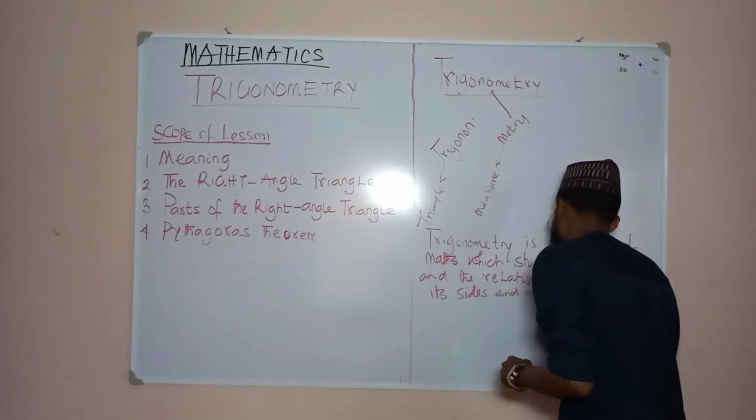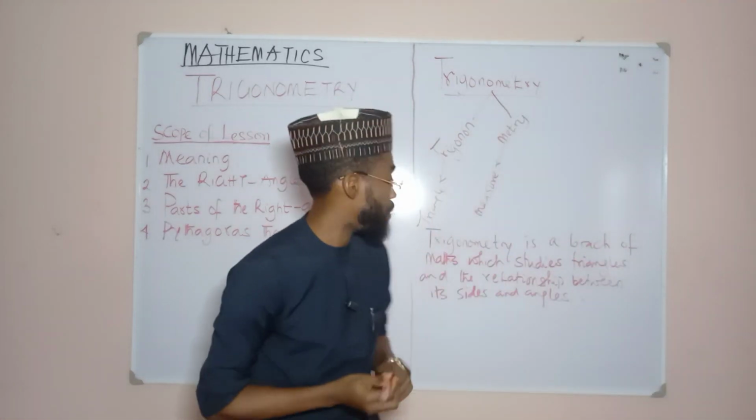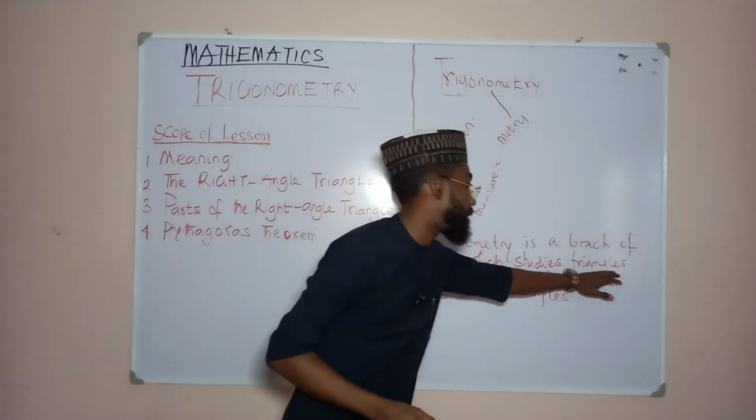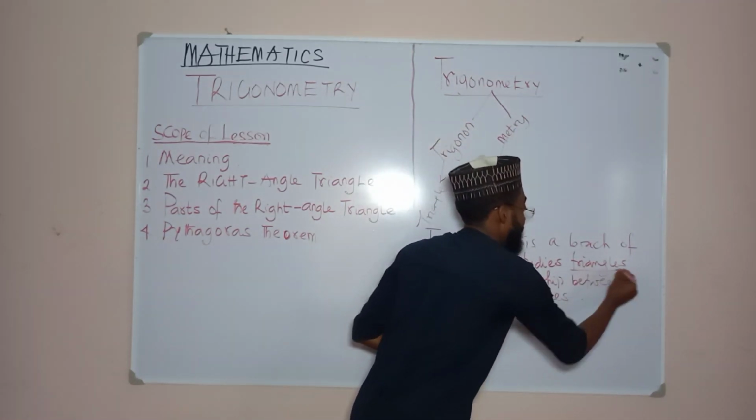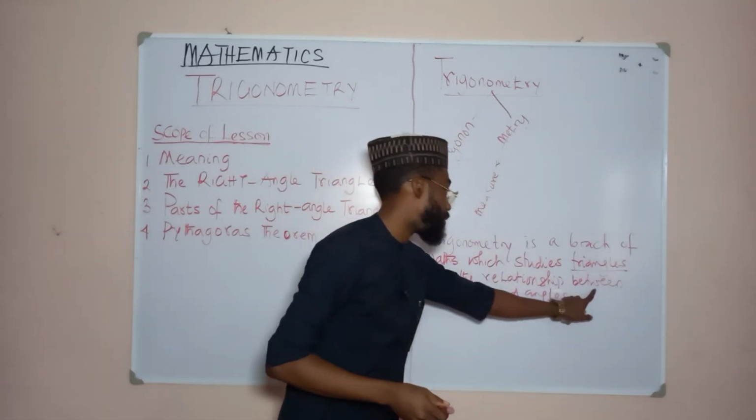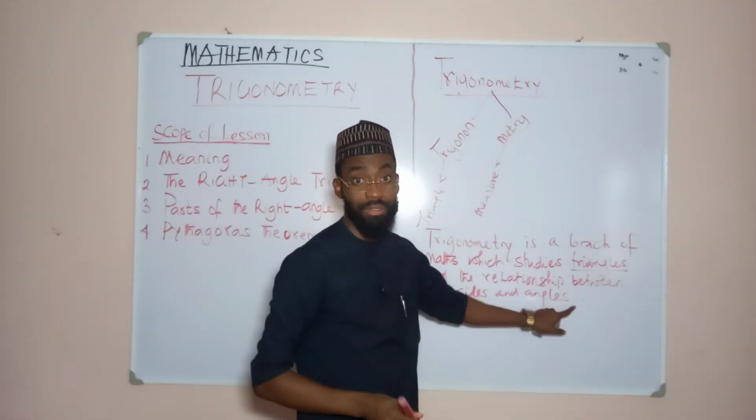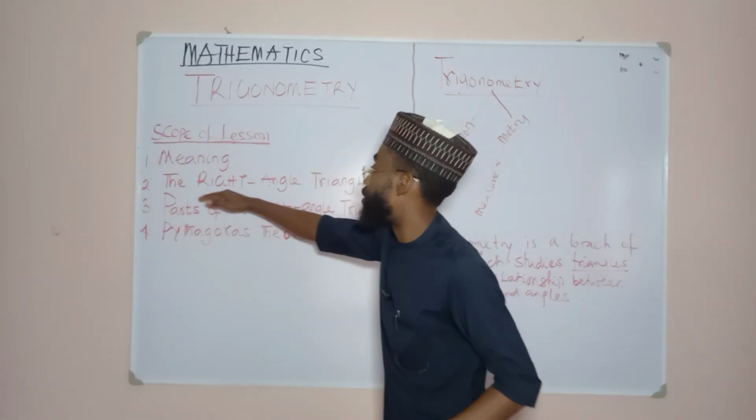This is exactly what trigonometry is all about. We're going to be studying triangles and the relationship between the sides and the angles. That's all. So we go into the right angle triangle.